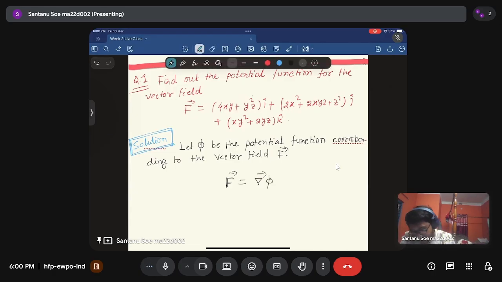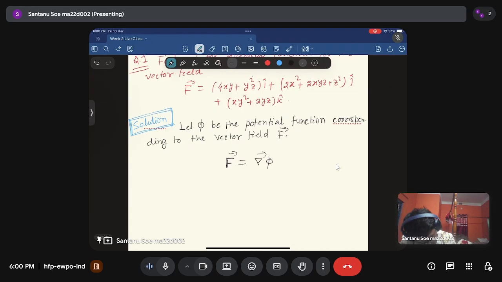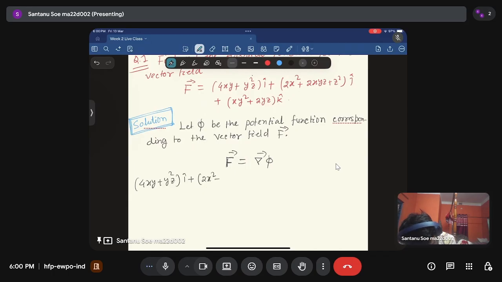Okay, so here F is given by (4xy plus y square z) i cap plus (2x square plus 2xyz plus z square) j cap plus (xy square plus 2yz) k cap.